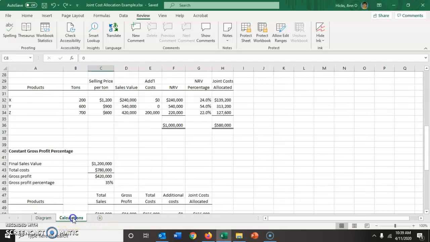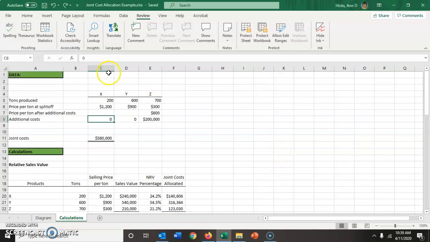So let's go to the next page. And all I've done here is I've put some data up here. We're producing 200 tons of X, 600 tons of Y, and 700 tons of Z. Now, in that drawing, it didn't look like Z could even be sold at the split-off point, but I'm going to add an assumption here and say, if we sell them at split-off, we'll sell X for $1,200, Y for $900, and at that point, if we do not do any further processing for Z, we can sell it for $300 a ton.